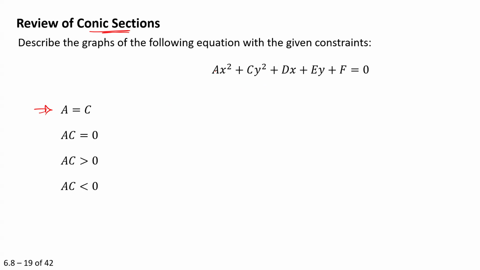If A is equal to C, then I could divide both sides of the equation by A, and I get an x squared plus a y squared.